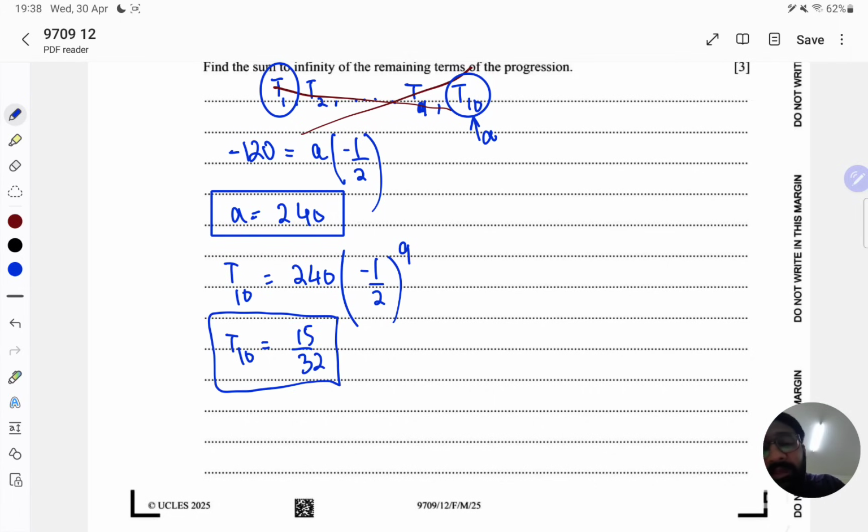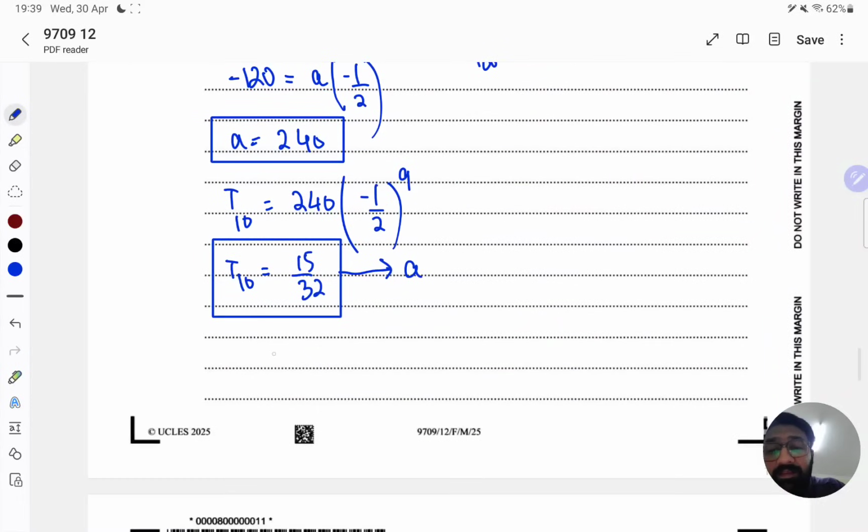Remember, this T10 will be the new A now, and we simply need to find the sum of infinity. This is negative. So sum of infinity is A divided by 1 minus r.